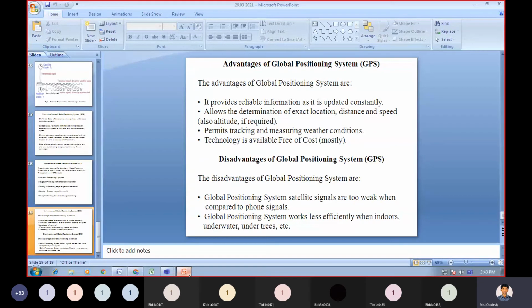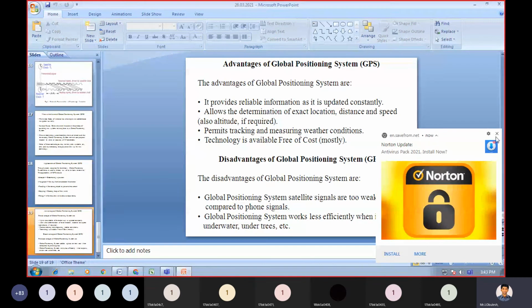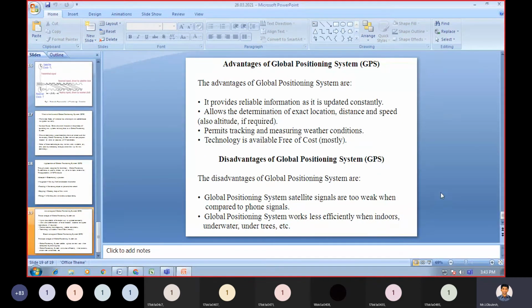Underwater is also the same thing. Compared to indoors, it is very difficult to work efficiently. Under trees also, and so on. We have a few more. So in those areas, this GPS will not be able to track the system efficiently, or trace the system efficiently, or find the location efficiently.